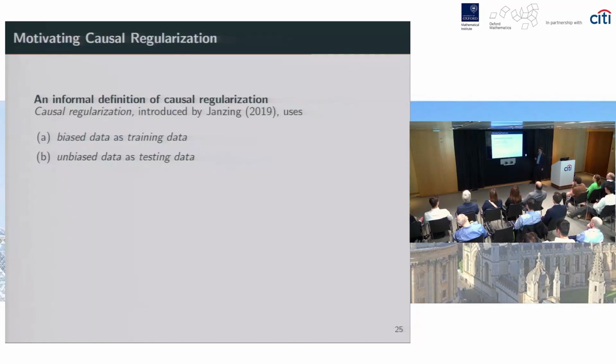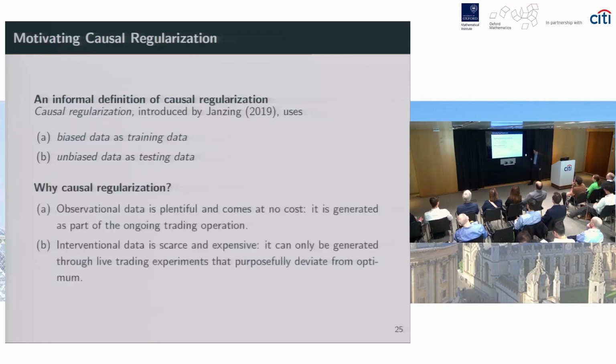So the methodology is really: fit your model in sample. It will be biased. Then use the unbiased data as an out of sample and use regularization to shrink the model. That way you don't throw away the biased data. You use it for training, but through the regularization property, you get the unbiasedness of the testing data.